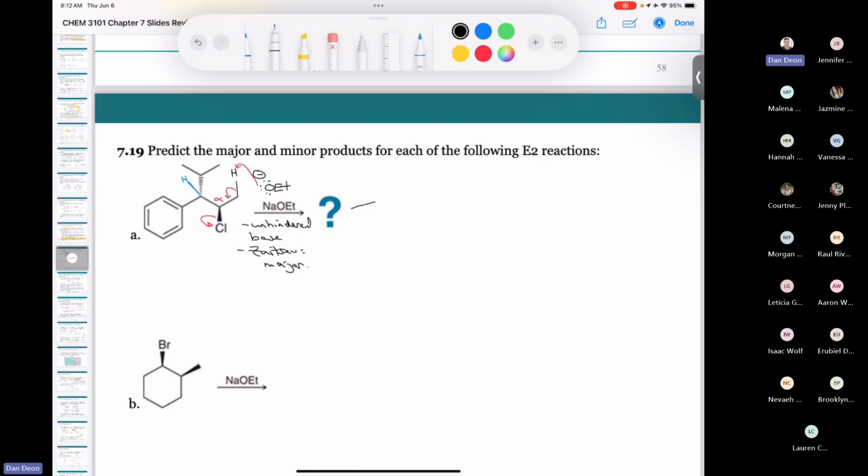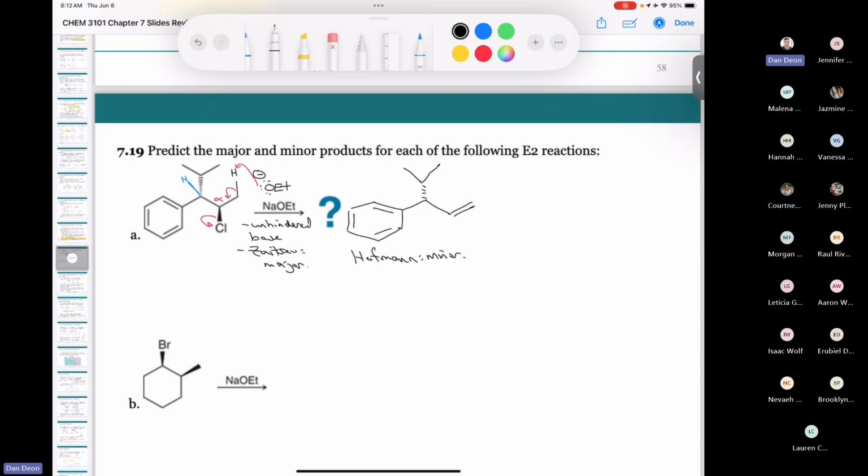And we end up with the Hofmann product, which looks like this. We didn't touch anything here, so we'll leave that like this, and we end up with our double bond like that. So this will be the Hofmann product, and this is going to be the minor product.